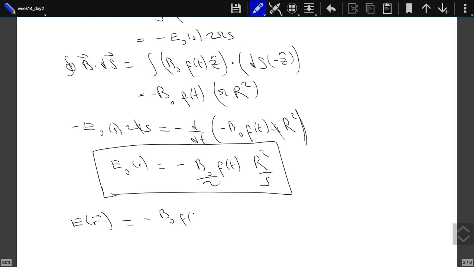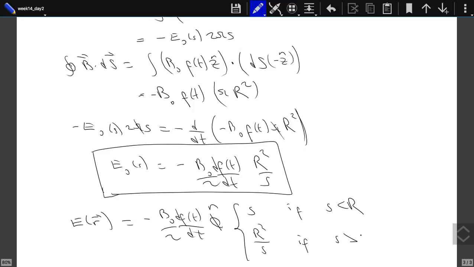It will be equal to minus B0, no, sorry, I have a time derivative over here, df of t by dt over 2, in the phi hat direction, times s if s is less than R, and R squared over s if s is larger than R. So you see, when s is equal to R, both of them are equal. So it's continuous.